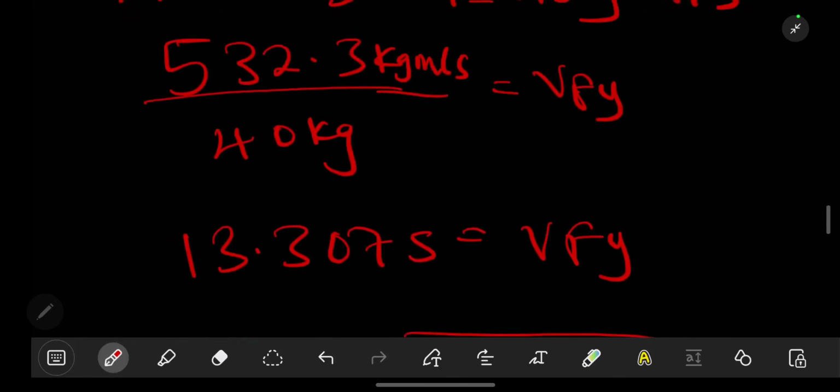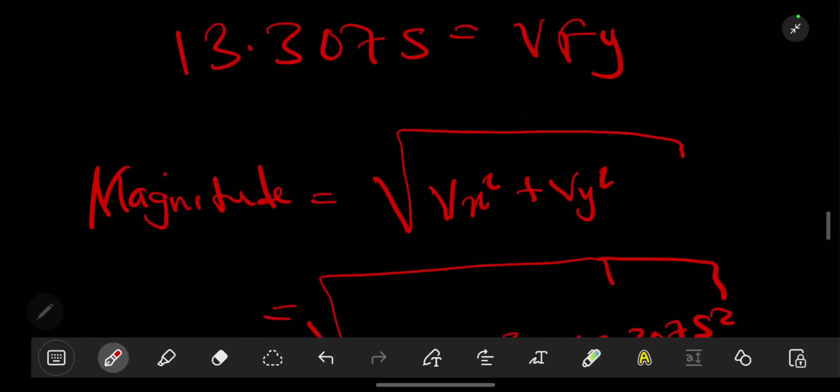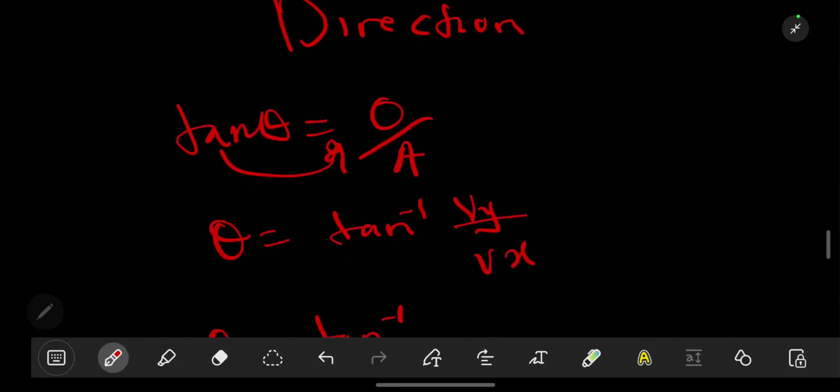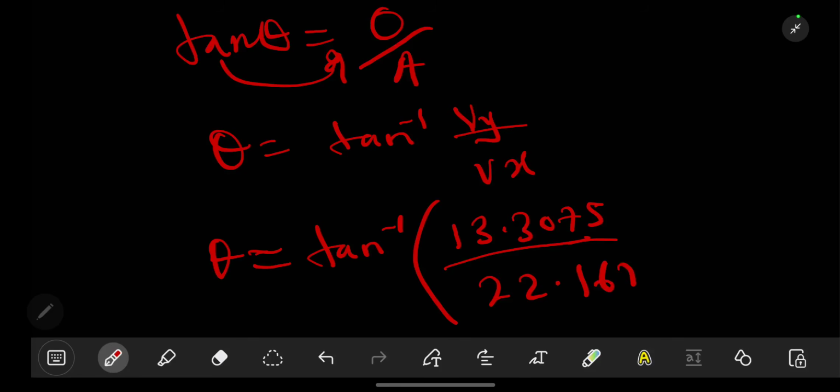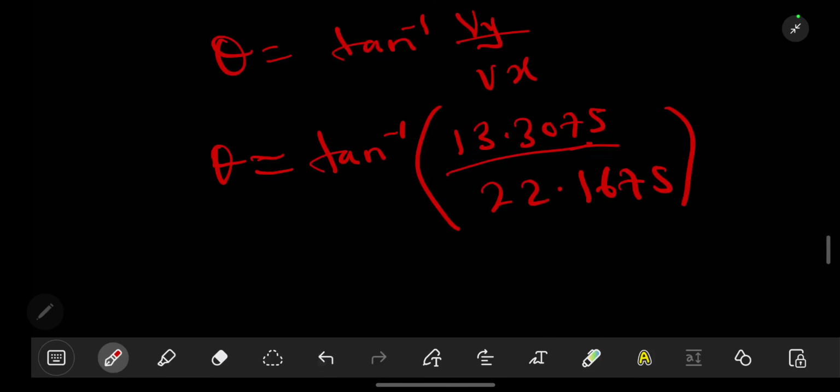So remember, Vy is 13.3075, don't interchange them, divided by, you put them in brackets, our Vx, which was found to be 22.1675. Like that.